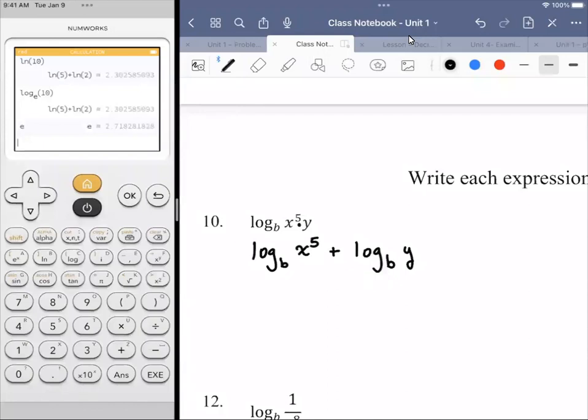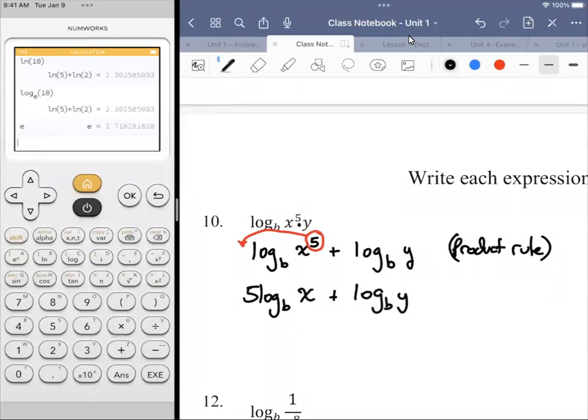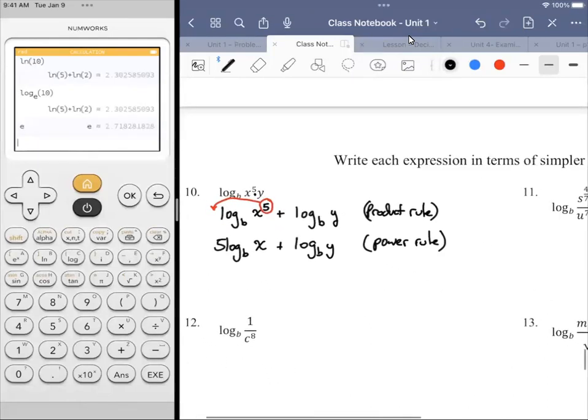So I'm breaking it up by the multiplication symbol, but that expands out into the sum of 2 logs. So that's the product rule. If I take that power of 5 and hop over the log and make it 5 log base b of x and leave everything else the same, what I've applied here is the power rule. And in this case, it would be the answer. That's really all it would be asking for.